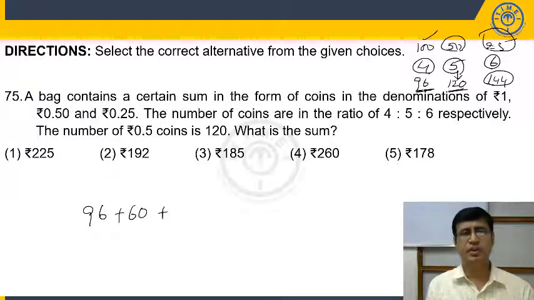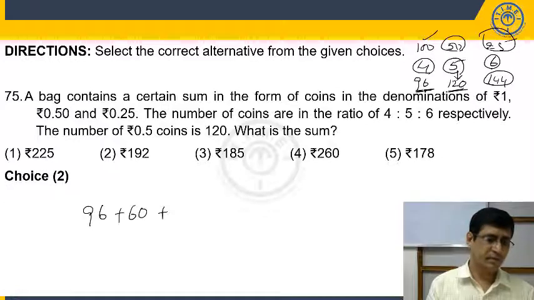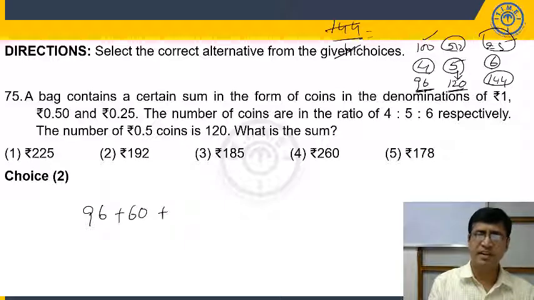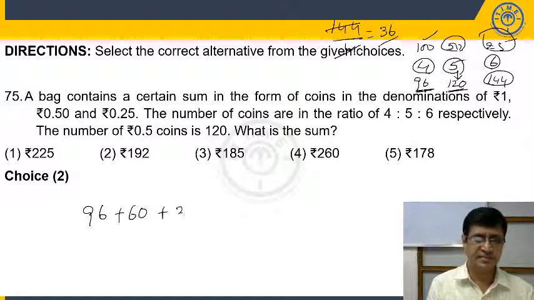In 1 rupee there are four 25 paise coins, so 144 divided by 4 gives 36.